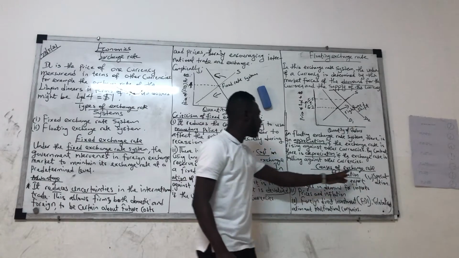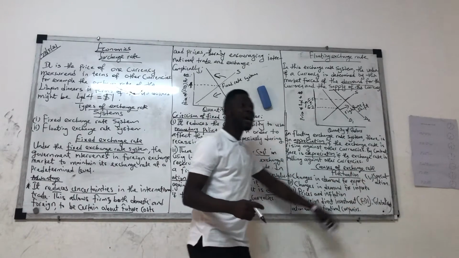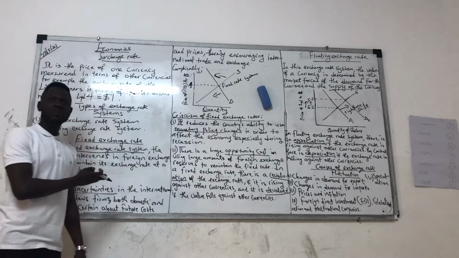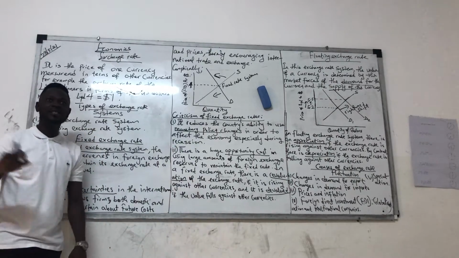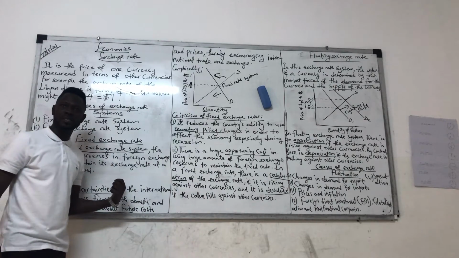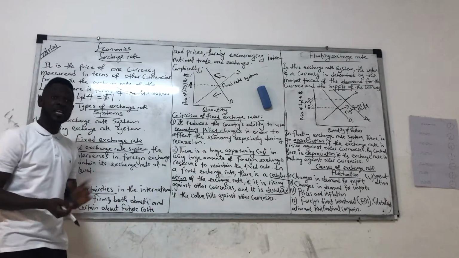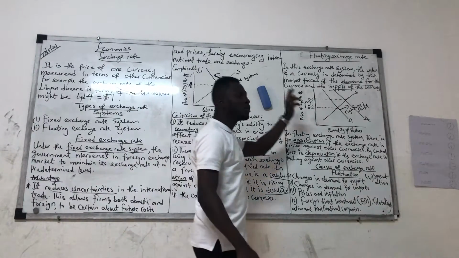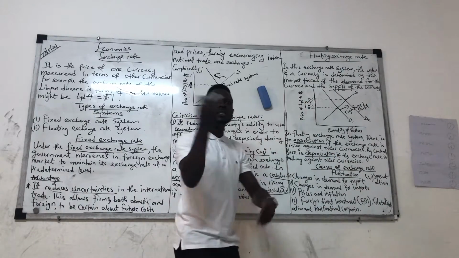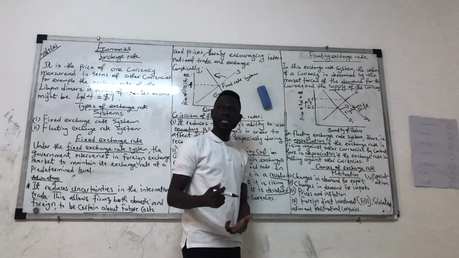So why do we have this? They said causes of exchange rate fluctuation. This can never happen in the fixed exchange rate because the fixed exchange rate is constant, it's stable, it's determined by the government. But when there is a change in exchange rate, it is because of what? Of floating exchange. Floating even means a change. Do we get the point here?